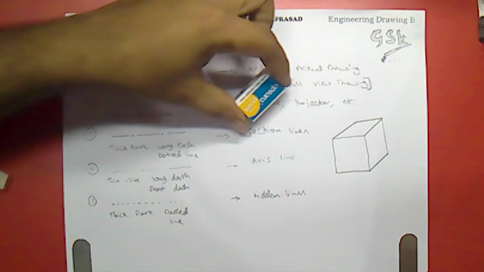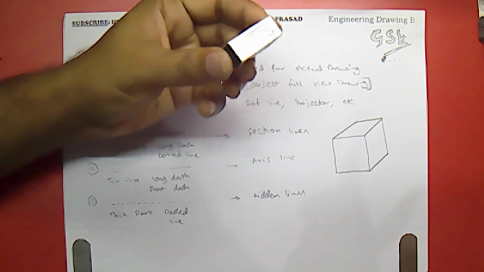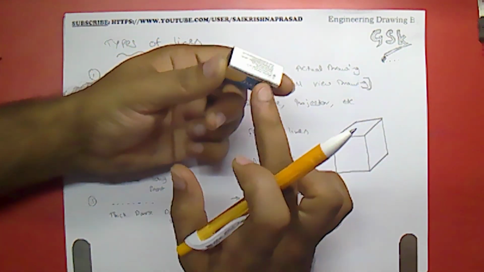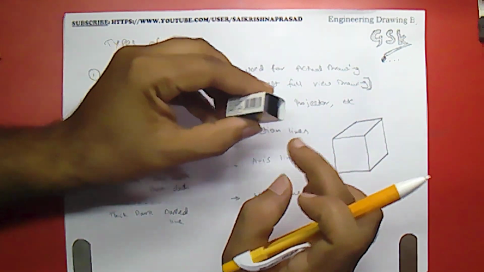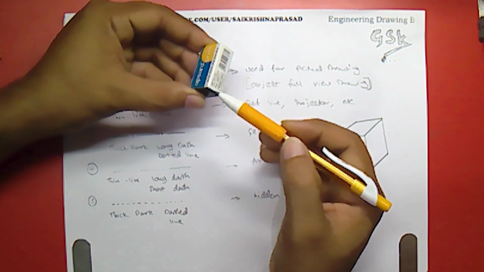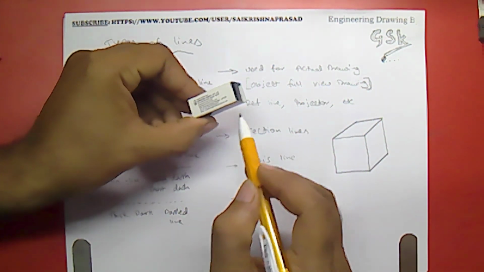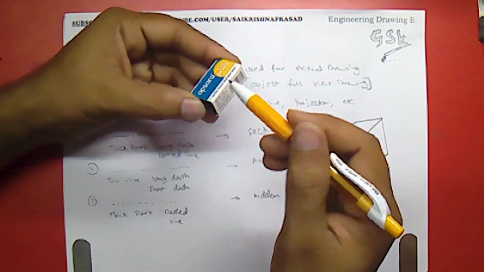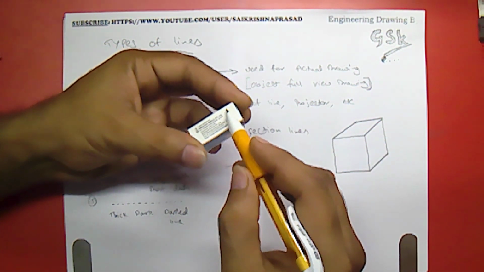Simply suppose you are drawing the view of this sharpener. This is a rectangular cuboid having rectangular faces on all sides. When you are looking in this direction, you can see this line, this, and this. But what about these back lines? These front lines are hiding the back lines, but we have to represent the back lines also.